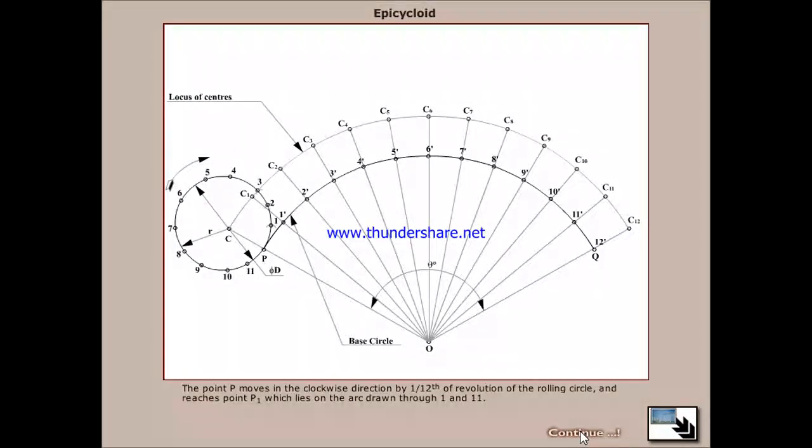Now the point P moves in the clockwise direction by 1/12 of a revolution of the rolling circle and reaches point P1, which lies on the arc drawn through 1 and 11. The point P is always at distance r equal to CP from the centers C1, C2, C3, etc. Now draw an arc with O as center and O11 as the radius passing through point 1.